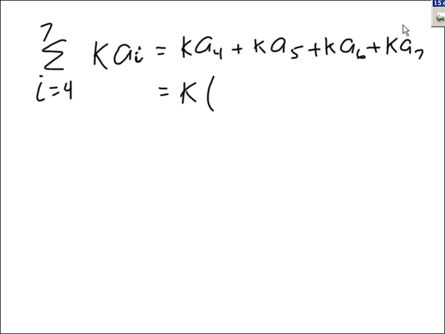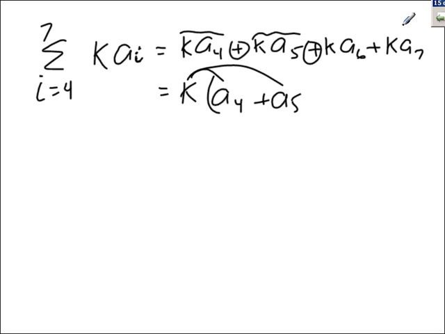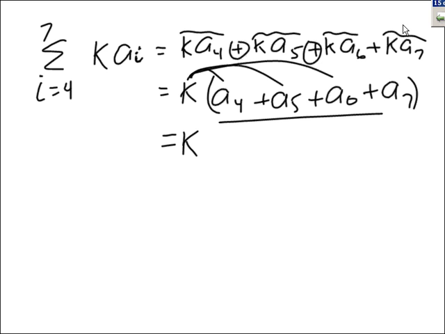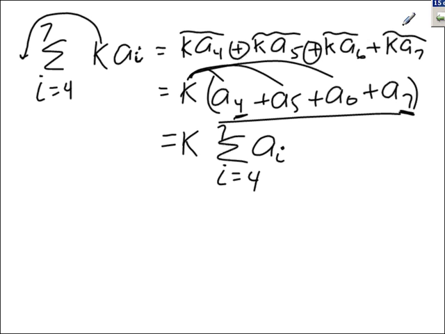Well, you can factor out k. That's k, but what's inside the bracket is the summation of a sub i's as i goes from 4 to 7. Oh, you mean I could have just put the constant in front.